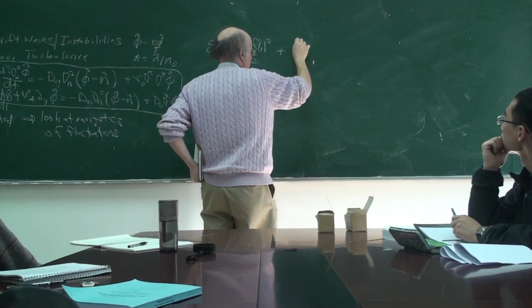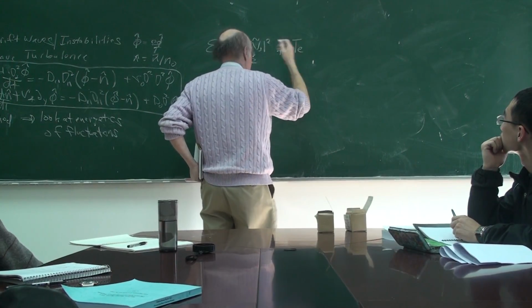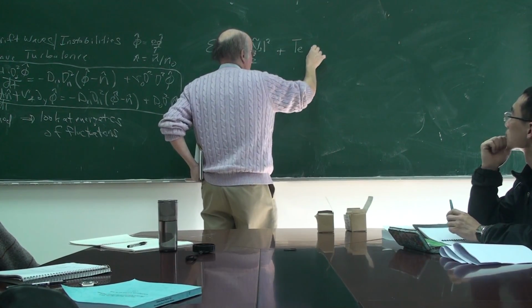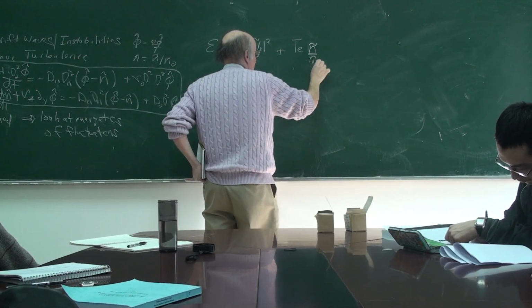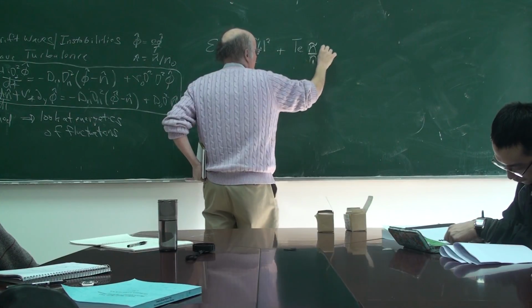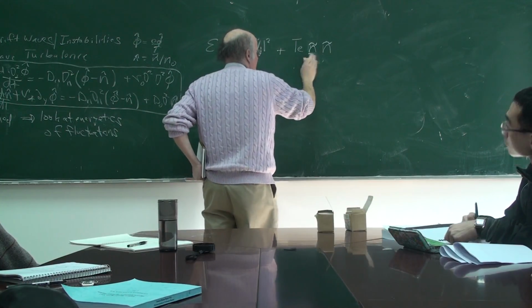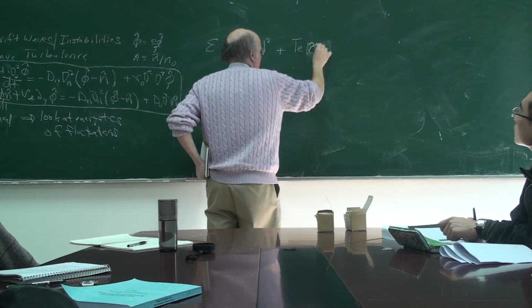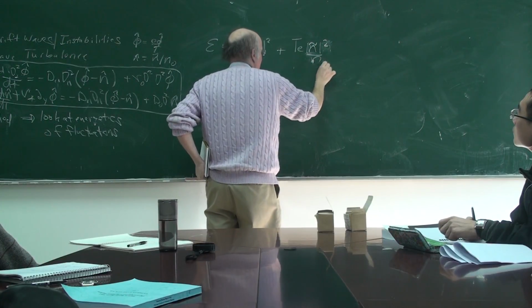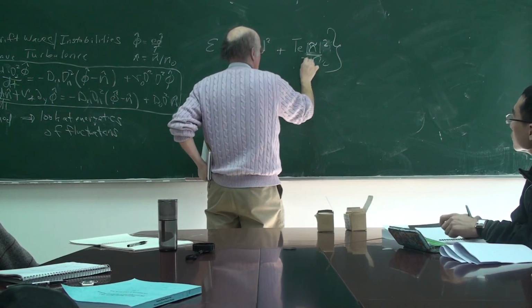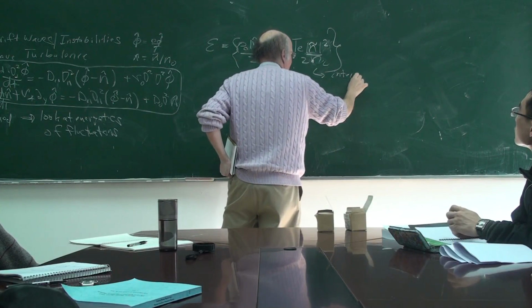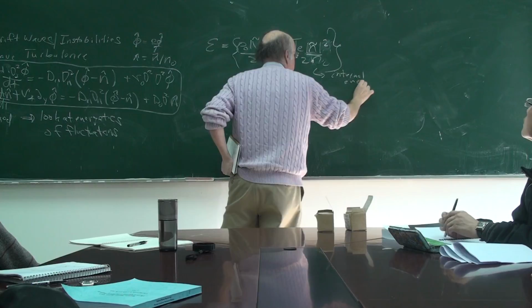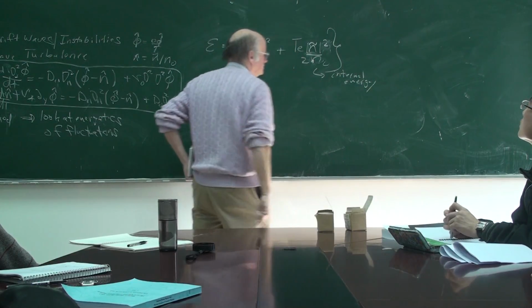You would have something like T_e times n tilde over n, times n tilde. So it would be something like T_e n tilde squared over n naught, and there's a 2 there, and this would be the internal energy.